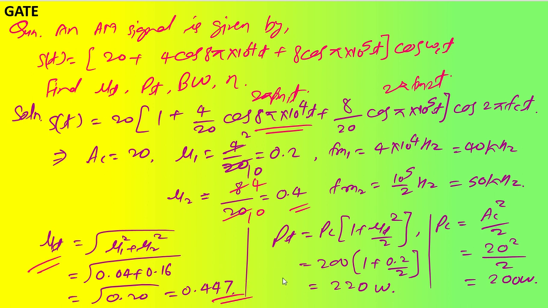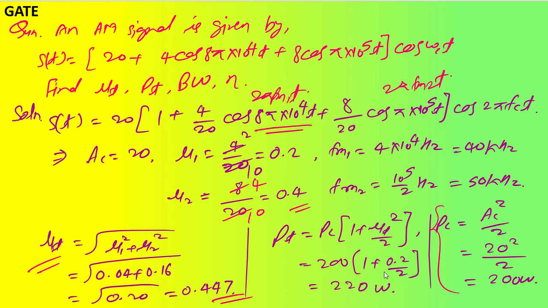Next we have to find the total power available in the amplitude modulation. The total power will be P_c times (1 + μ²/2), where we take μ total, because we have to identify the total modulation index power. P_c is very simple: A_c²/2, that is 20²/2 = 400/2 = 200.